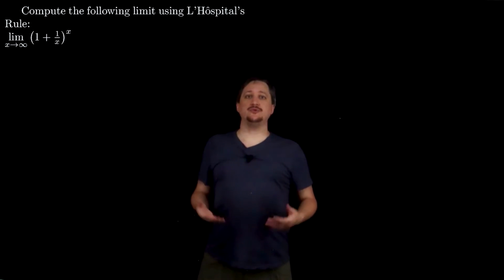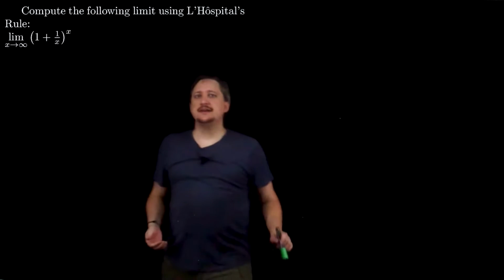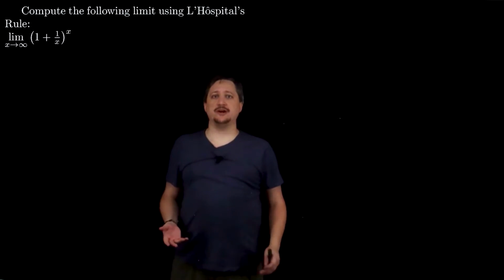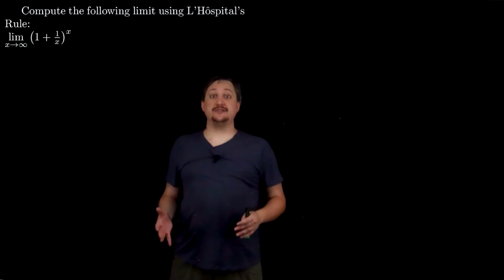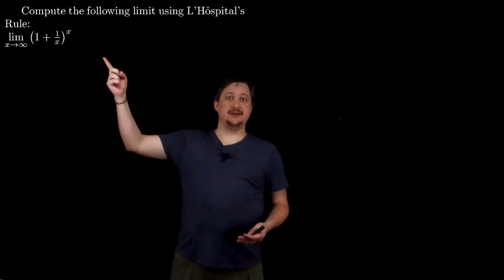Hello. So in this example, we are going to compute another limit using L'Hopital's rule. But oddly, this is not in a format that looks like L'Hopital's rule, because L'Hopital's rule requires that we're looking at something like 0 over 0 or infinity over infinity. This thing is definitely not that.